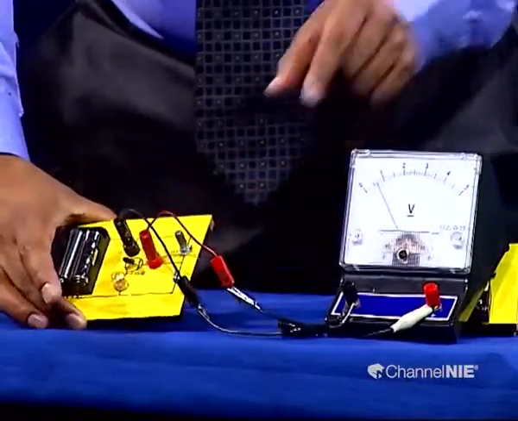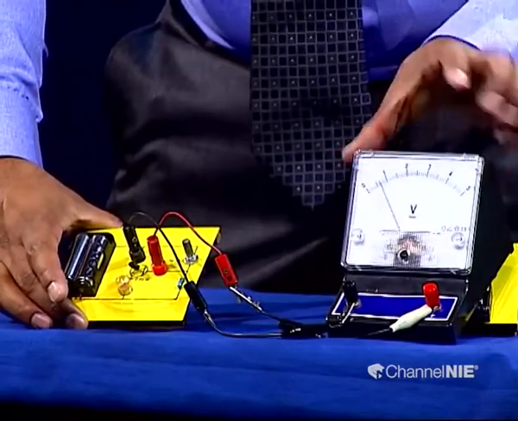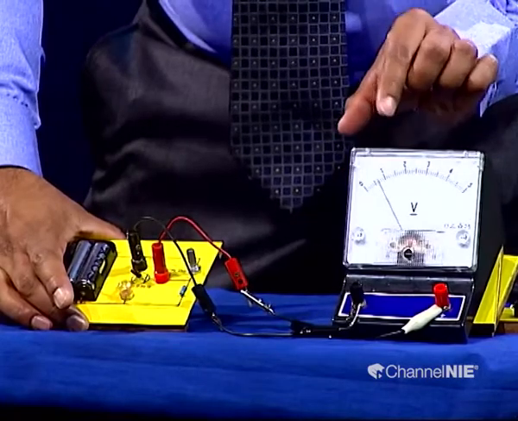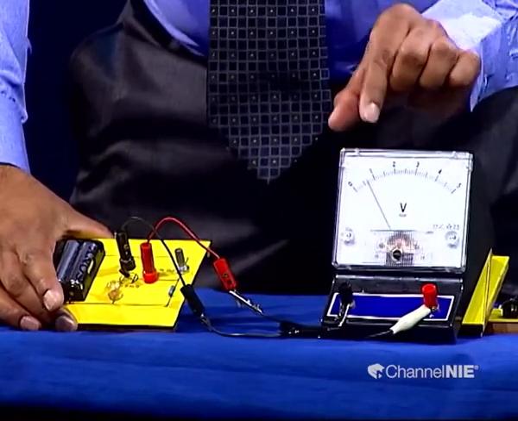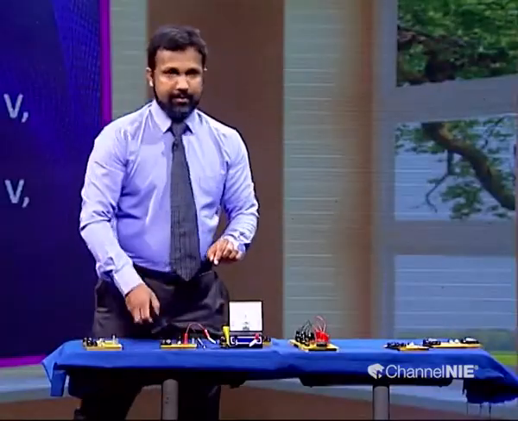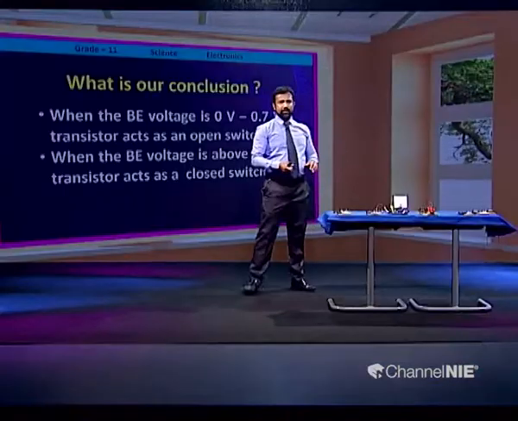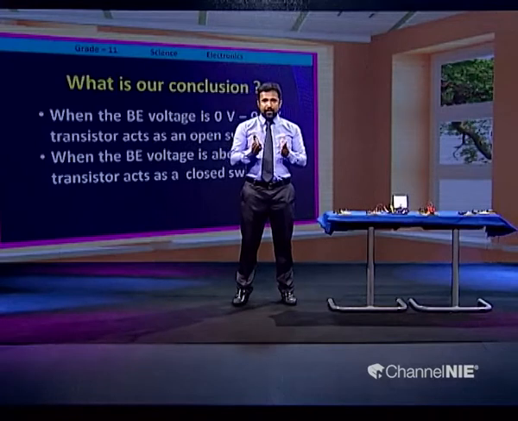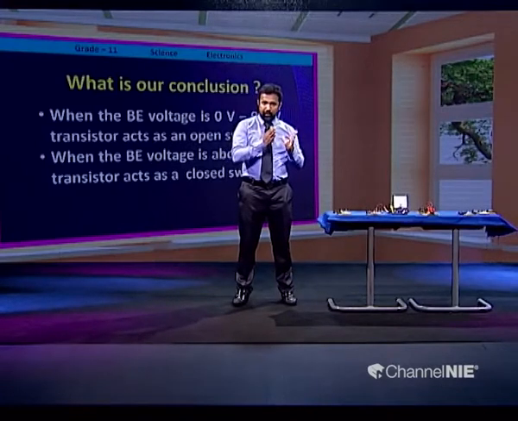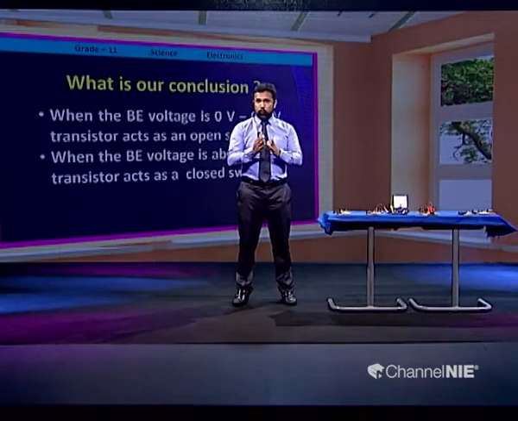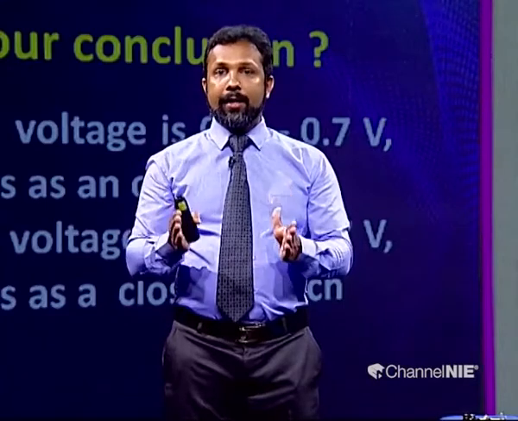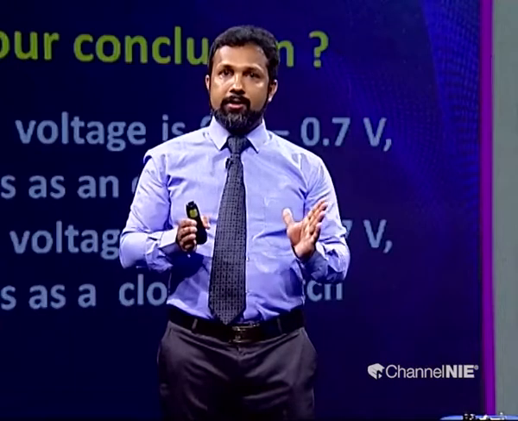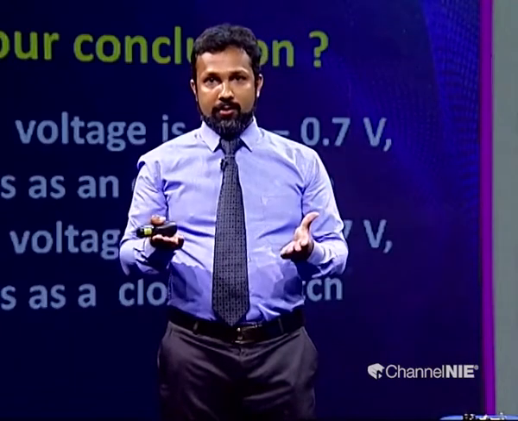Anyhow, the voltmeter reading indicates more than 0.7 volts. Right. That means we have to understand that the voltmeter reading between base and emitter should be more than 0.7 volts. Then only current passes through the transistor and the bulb glows.